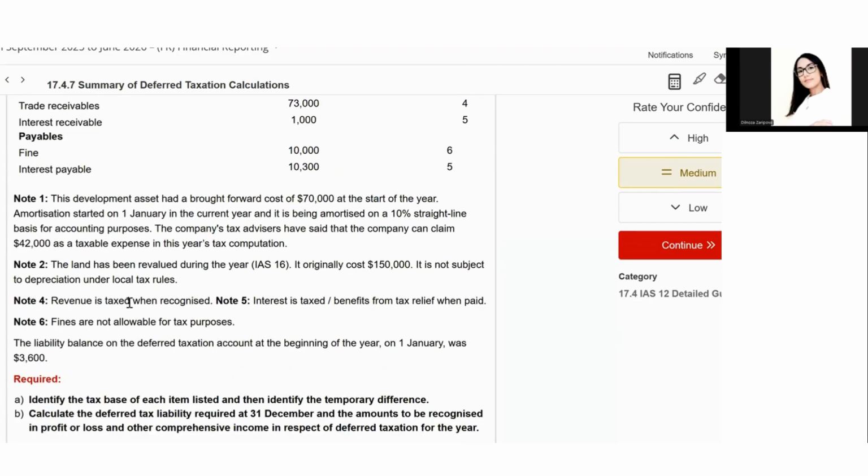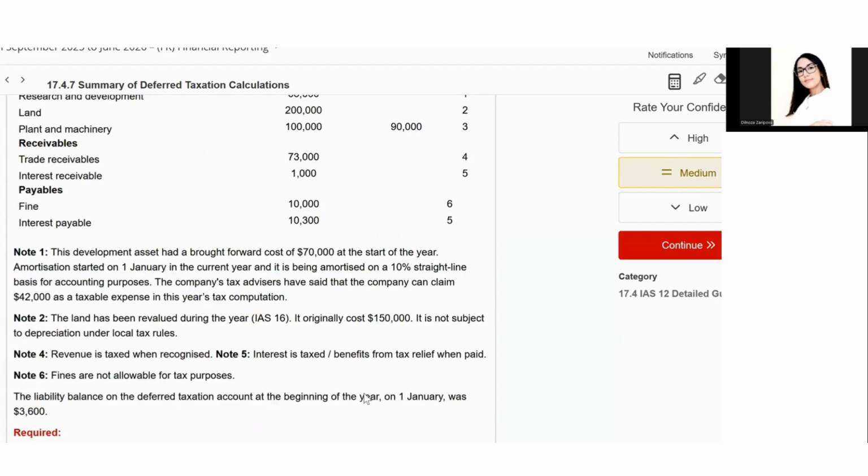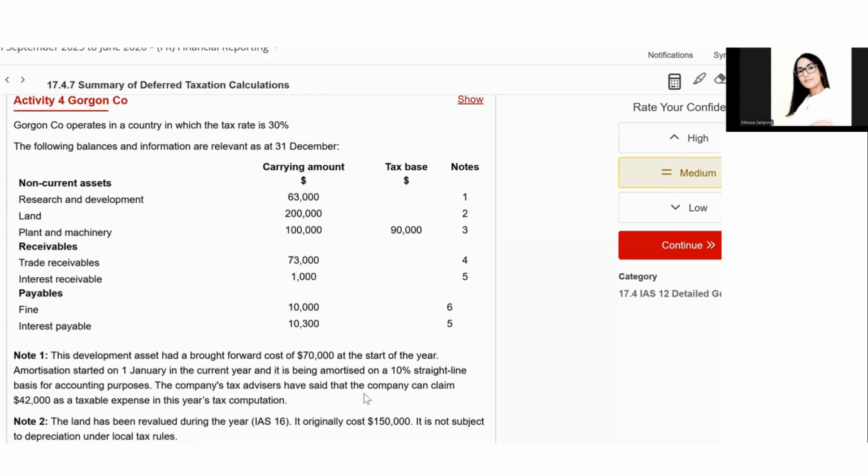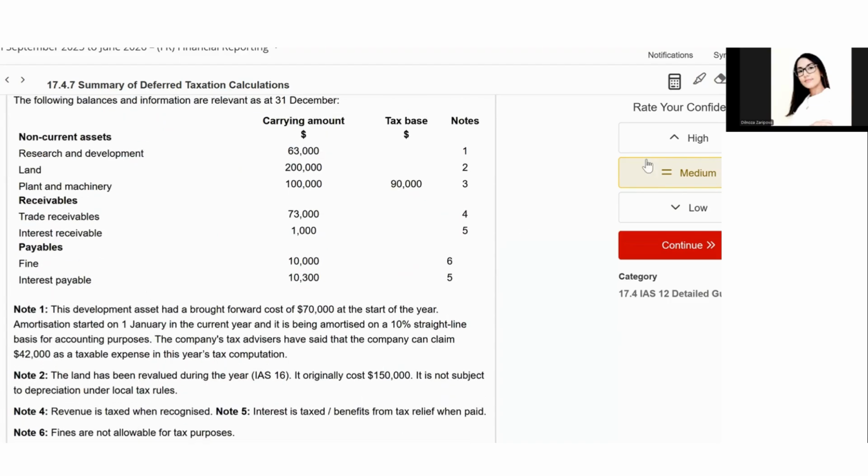Identify the tax base for each item listed, and then identify the temporary differences. If nothing is given for the tax base, you may find some information in the notes in order to find the proper tax base. Okay. So let's say the development assets had a brought forward cost of 70,000 at the start of the year.